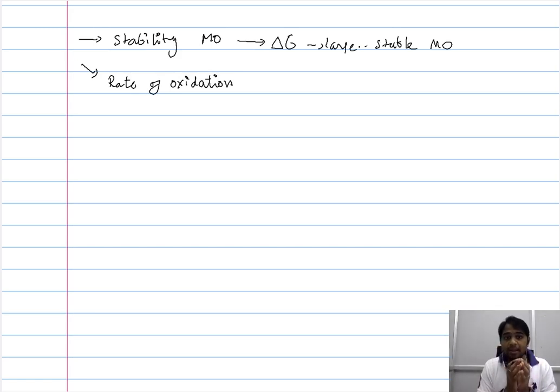So this is one understanding that we gained from analyzing the stability of the metal oxide with respect to the change in the free energy.